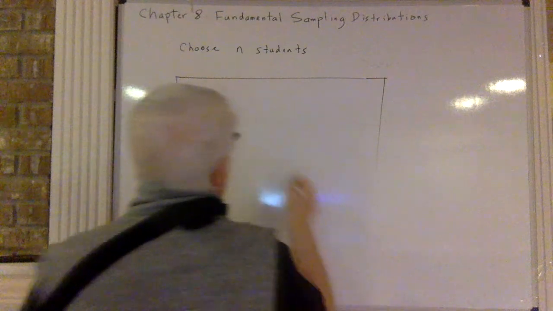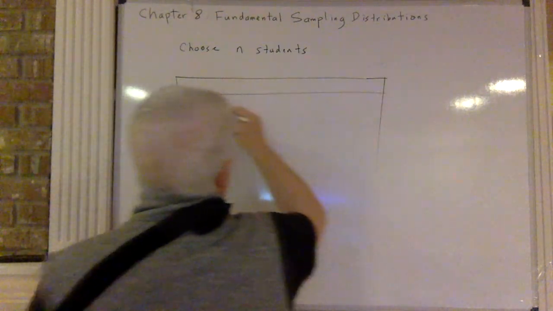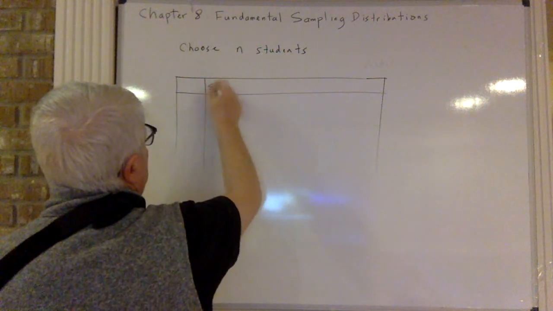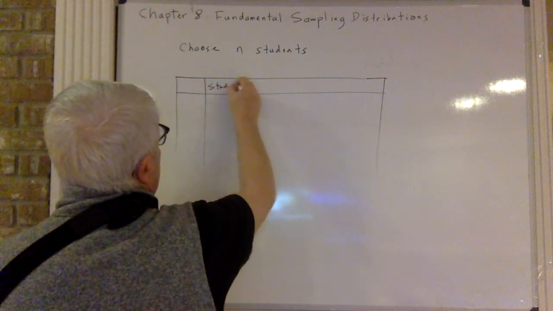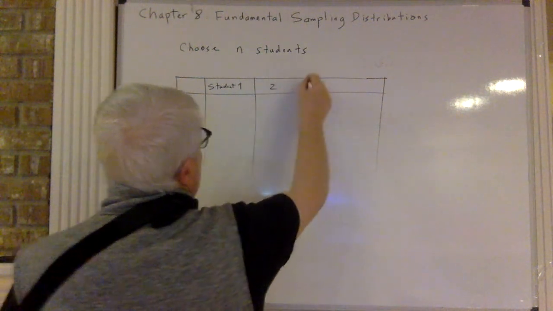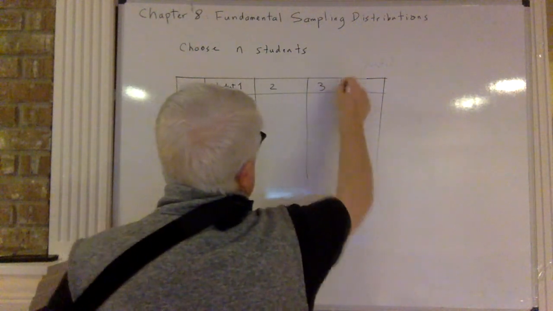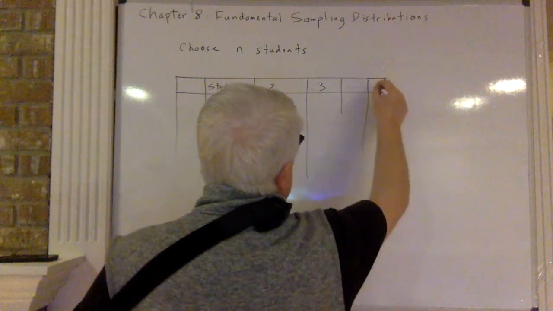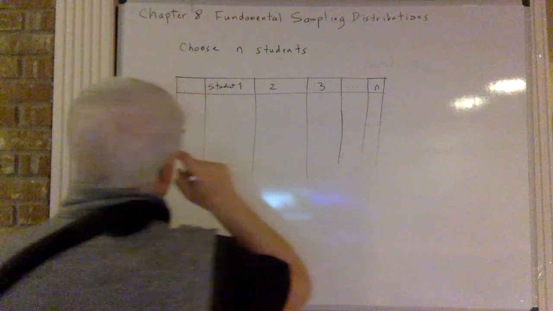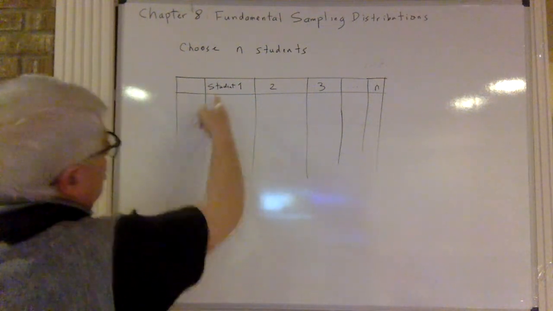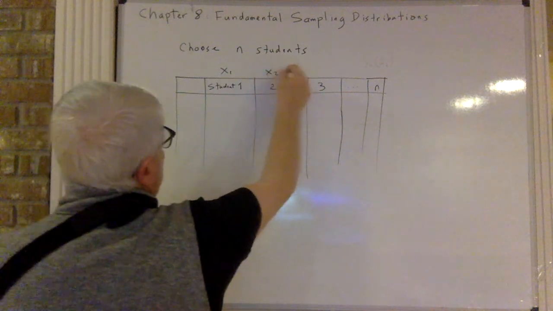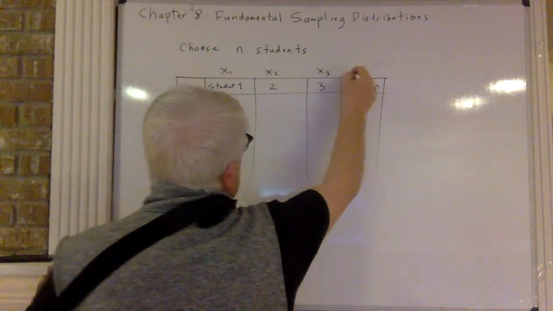So let's say this is student 1, and then 2, and then 3, and so on. So this one, let's call it x1, then x2, x3, xn.